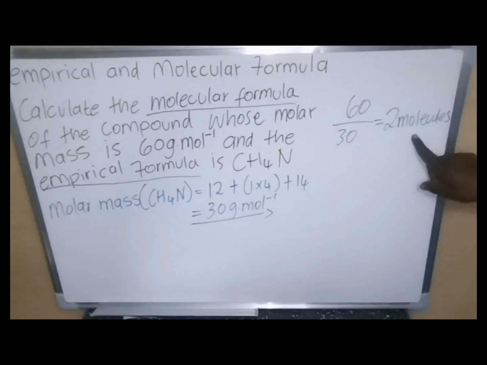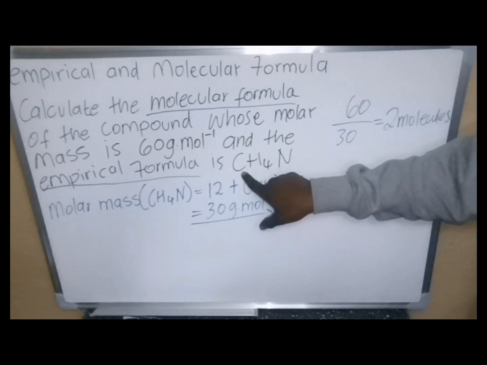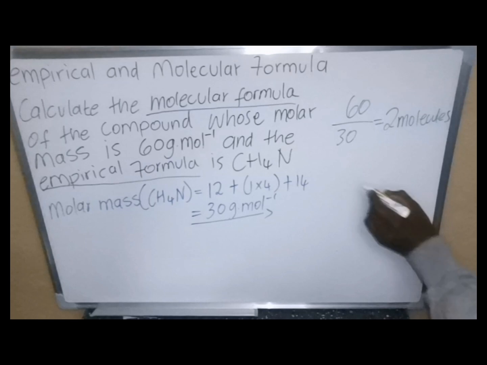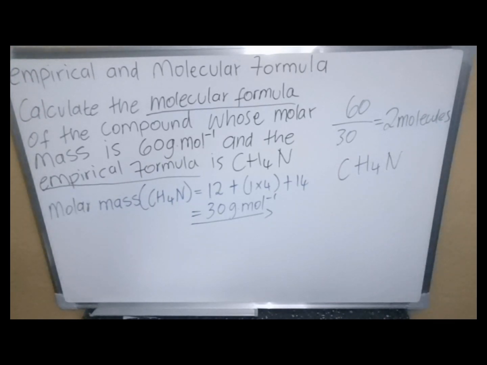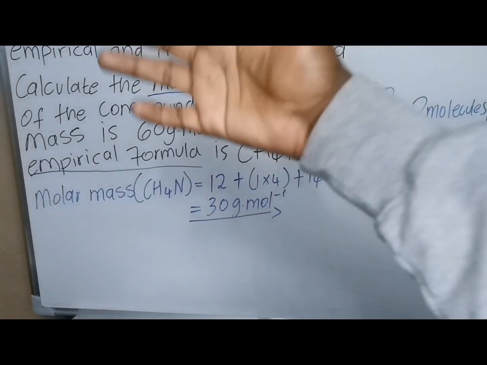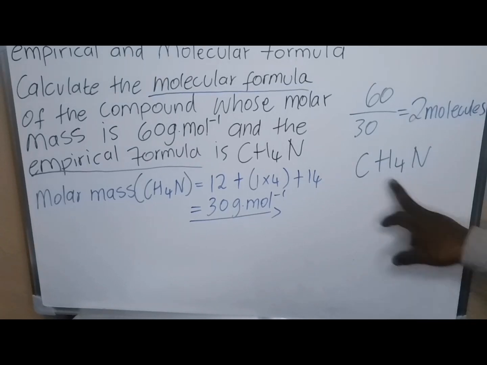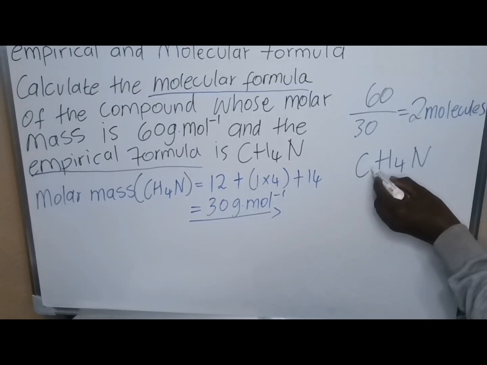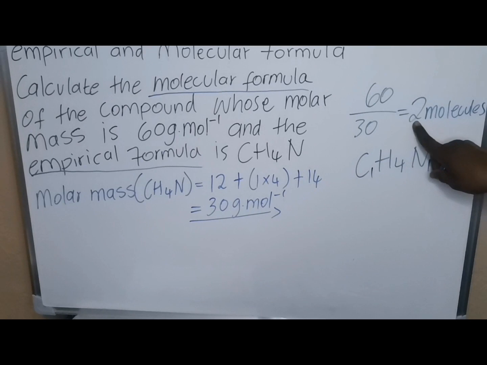Now, with these two molecules, you are going to multiply by each atom we find in the empirical formula. In the empirical formula, I've got CH4N. So you're going to multiply each and every atom by 2: this 2 times this 1, this 2 times this 4, this 2 times this 1.